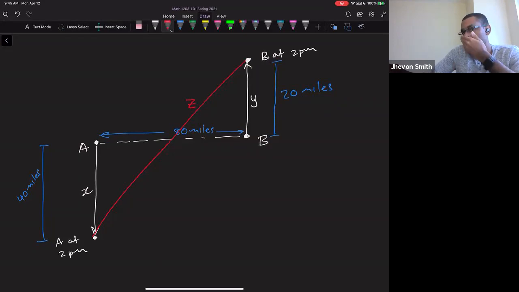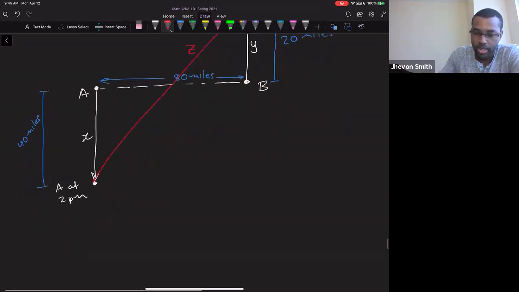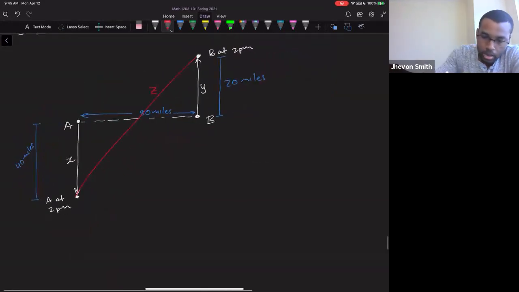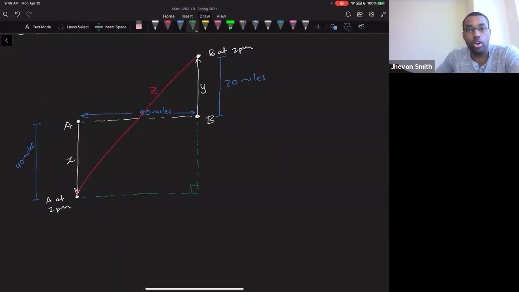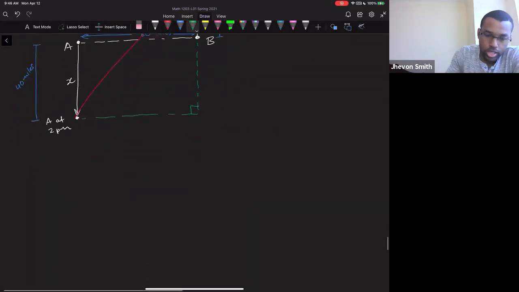All of these are changing, therefore they're all labeled with variables. And you might wonder, man, this is like two right triangles flipped on each other. No, we can actually fix this by putting in our own corner. And so this leads us to the diagram.